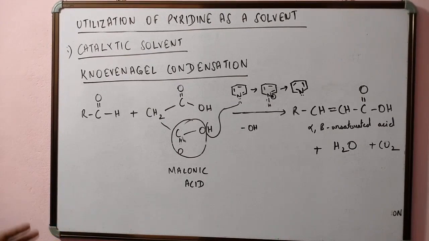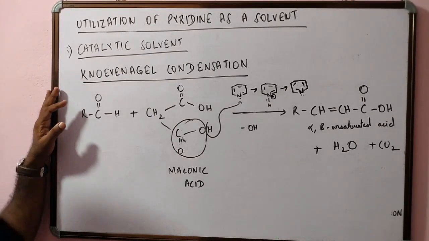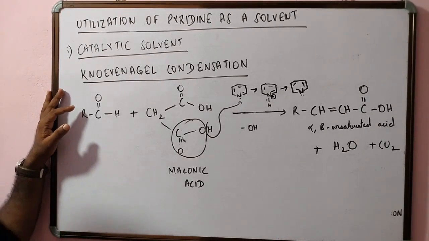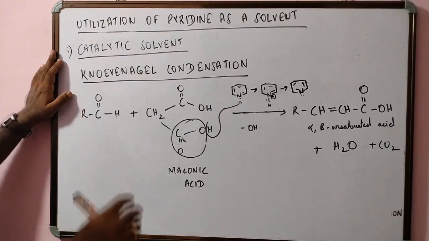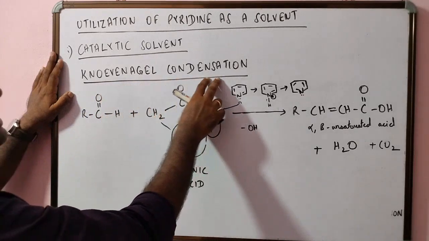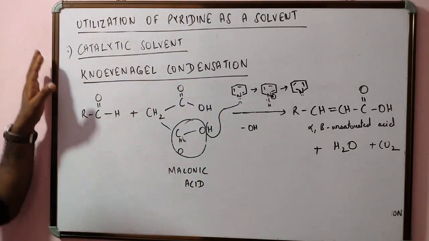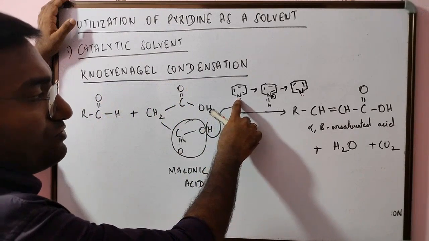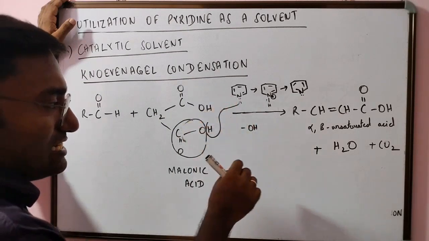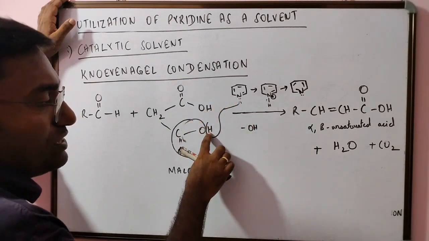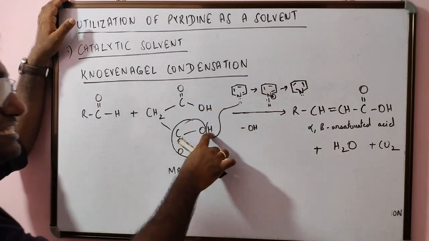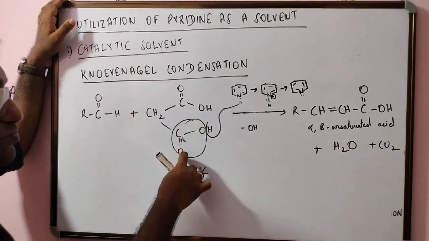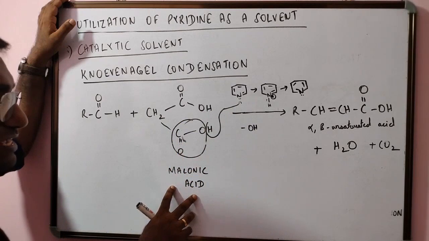Yet another example where the pyridine ring has been used for its catalytic property is manifested in the Knoevenagel condensation. In this reaction, the lone pair of electrons on the nitrogen atom of the pyridine ring attracts and forms a bond with the hydrogen atom that is attached to the carboxyl group of the malonic acid.